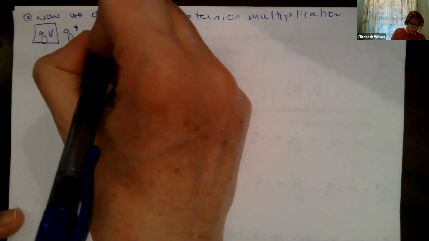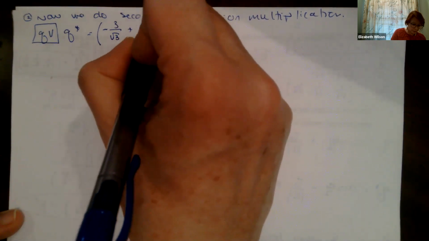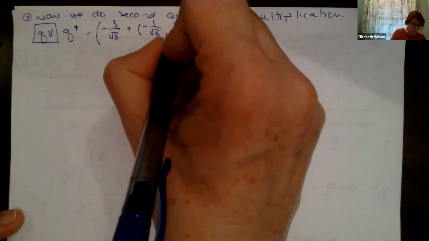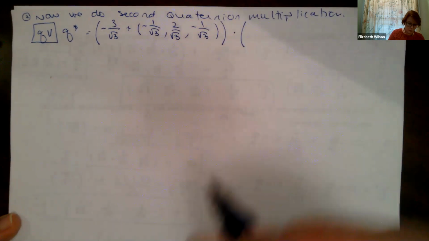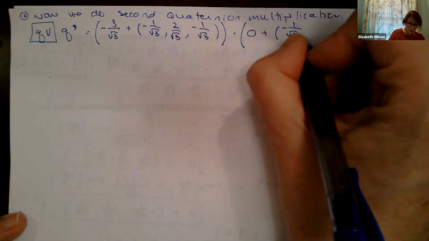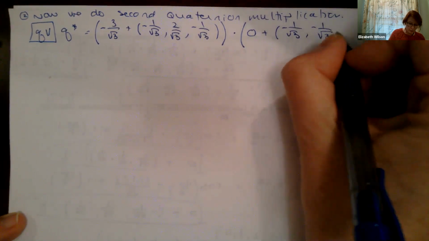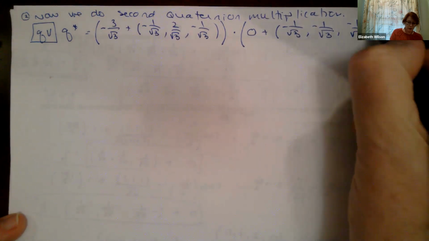So that's going to look like minus 3 over radical 3 plus, this is our answer for part 1, times our Q star, which was 0 plus negative, negative, negative.